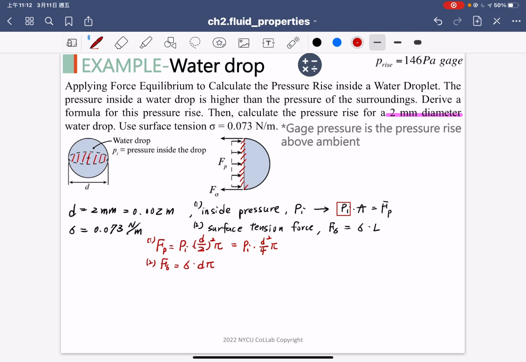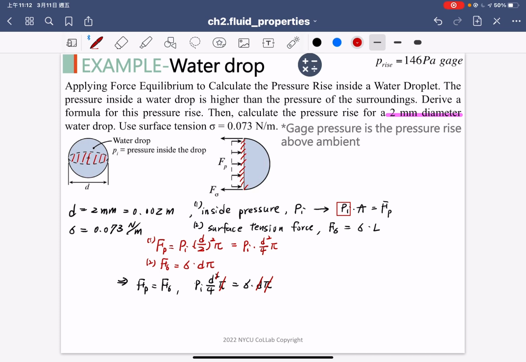So right now we can have the force balance between the FP and the F sigma. So FP is equal to F sigma. That's PI times D squared pi over 4 is equal to sigma D pi. And some parameters we can cancel out, such as pi and one factor of D.